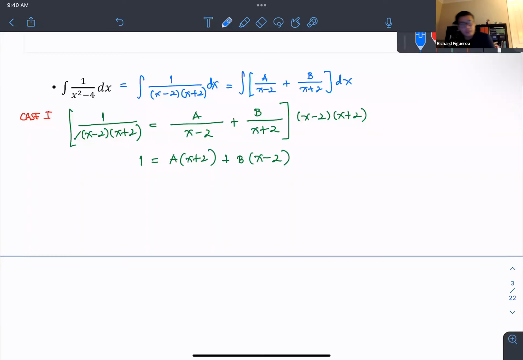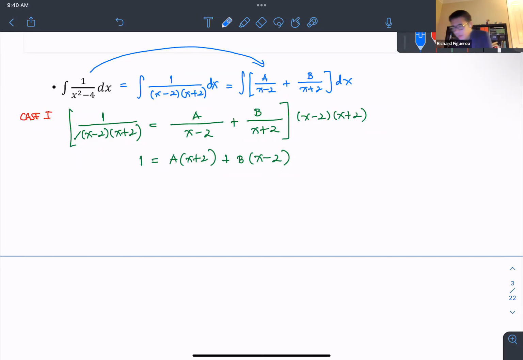But A and B are constants, so we just need to figure out what A and B are so that we can easily integrate it right away. Kasi this one is equivalent to this. These are just the same. It's just a matter of knowing what A and B are.